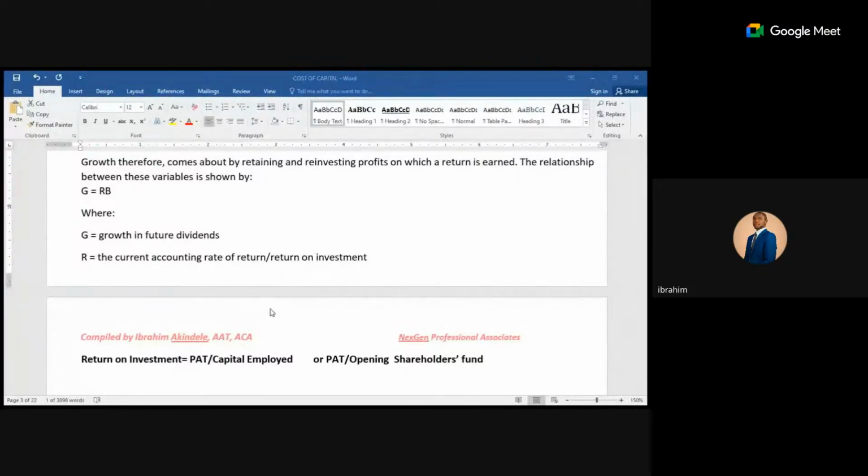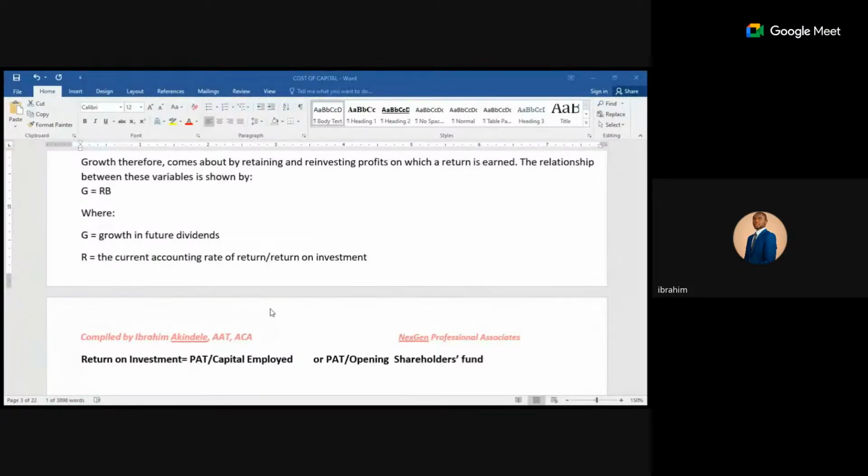Now, in SFM, in strategic financial management, when you want to estimate growth rate using the Gordon's growth model, focus your return on investment formula on profit after tax divided by opening shareholders fund.